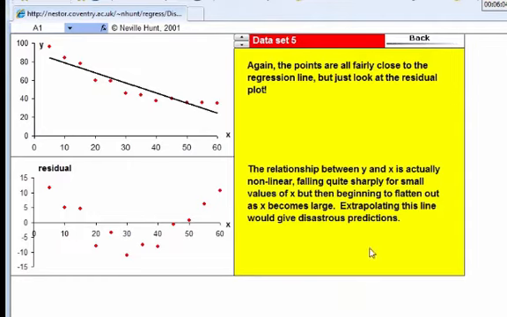Again, the points are all fairly close together, but look what happens to our residuals. This obviously has a pattern, and if we try extrapolating using the regression line, we're probably going to have some really bad predictions. So, not a good idea.